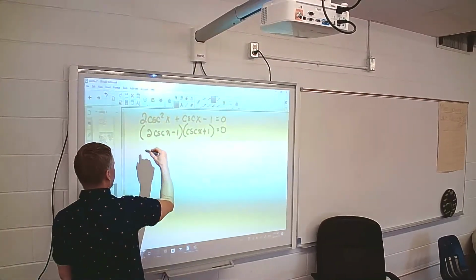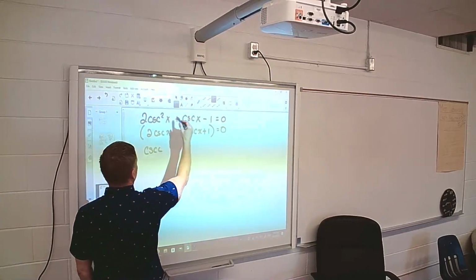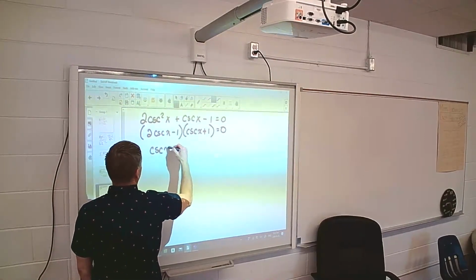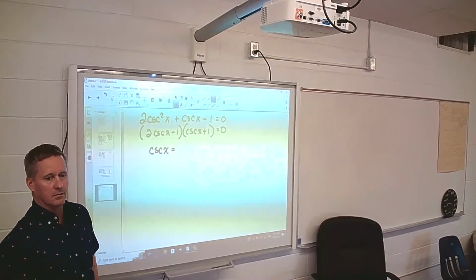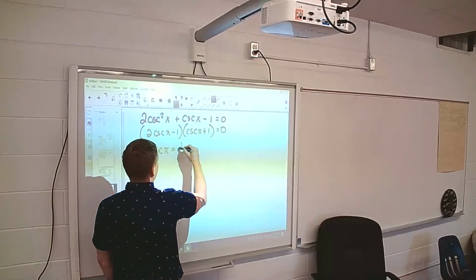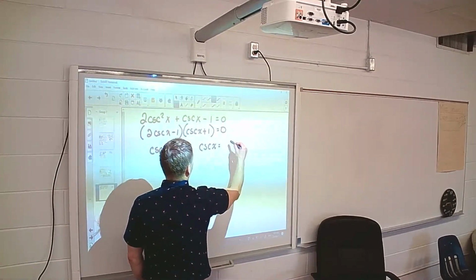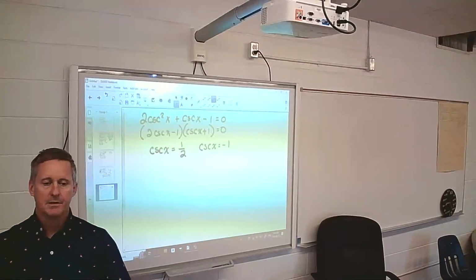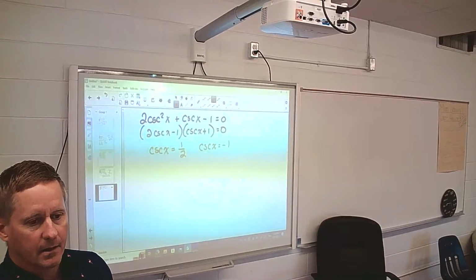So in this one, what does cosecant x equal in the first one? 1/2. That's right. And then cosecant x is equal to what here? Negative 1. Now, this is where we messed up on the last section. We don't want to mess this up.